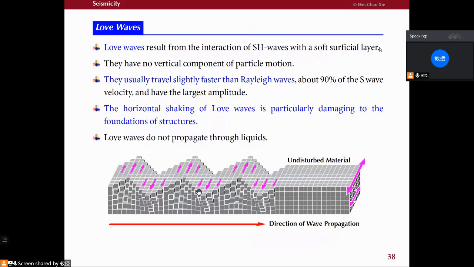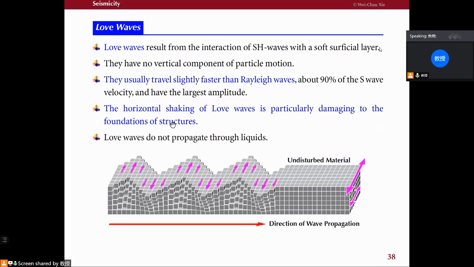And last, we have Love waves. Love waves result from the interaction of shear horizontal waves with a soft superficial layer. They have no vertical component of particle motion, okay? So only in the horizontal direction.